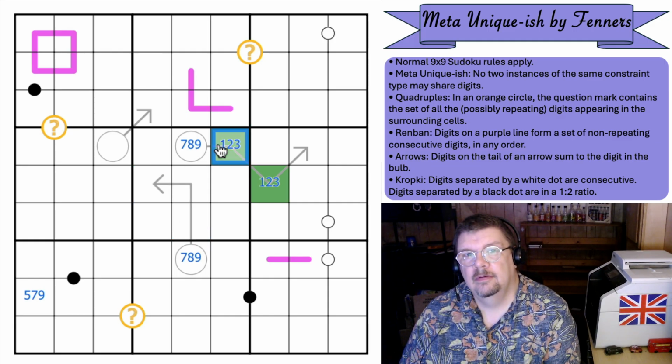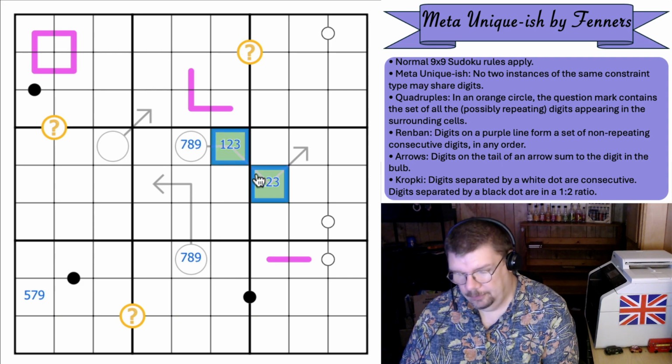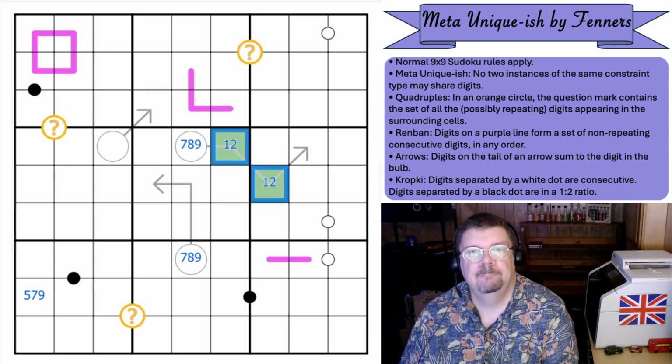So I can't have 3, 3, 1, I can't have 3, 3, 2, and obviously I can't have 3, 3, 3. So that is not 3. So this digit, this is either 2 or 4.